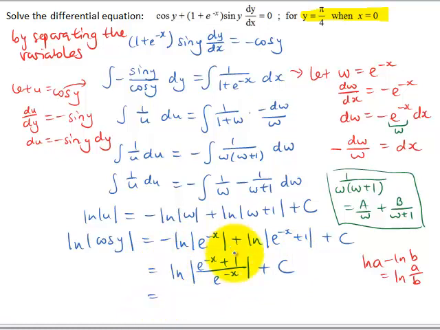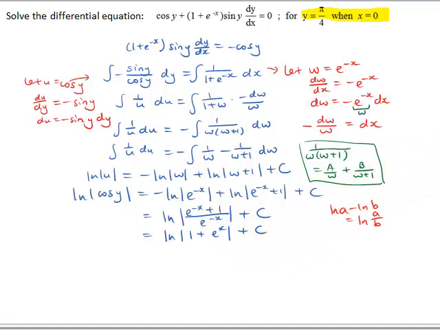So simplifying this, I can split this fraction up. I have e negative x will cancel e negative x, and that will give me a 1. I have 1 over e negative x. 1 over e negative x can be rewritten as just e^x, plus c.